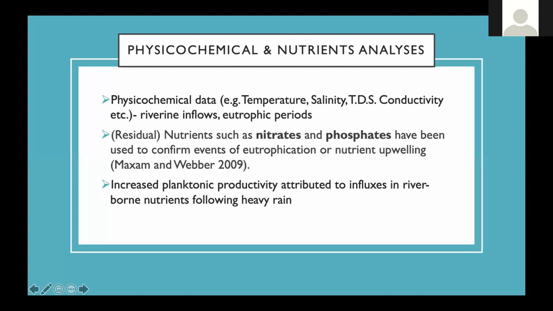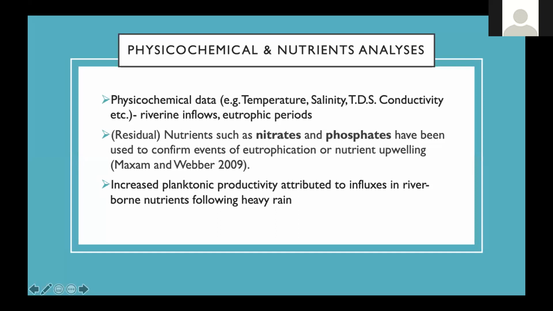So nutrient analyses involve the use of hydrographic data such as temperature, salinity, TDS, pH, and so on. And these in tropical environments can be especially useful for indicating riverine inflows or eutrophic periods.